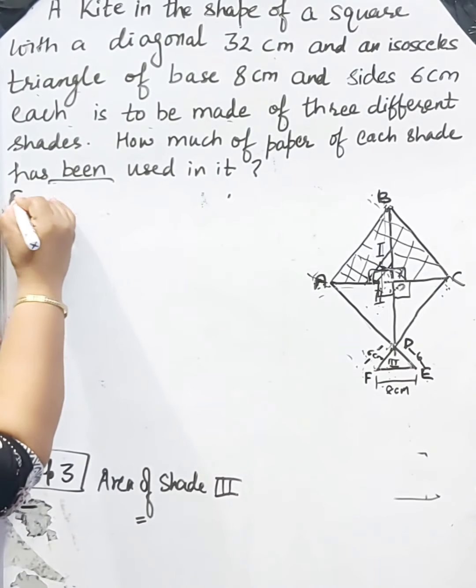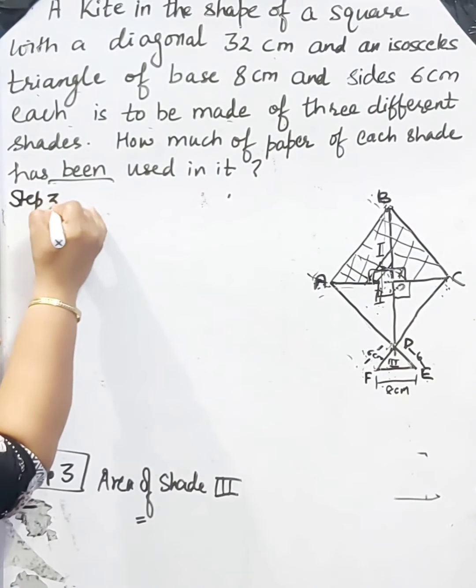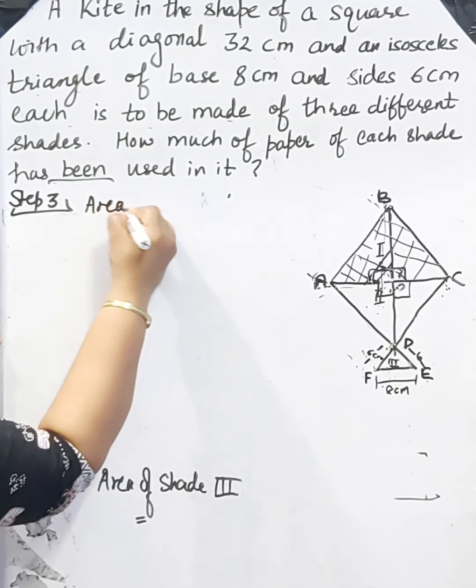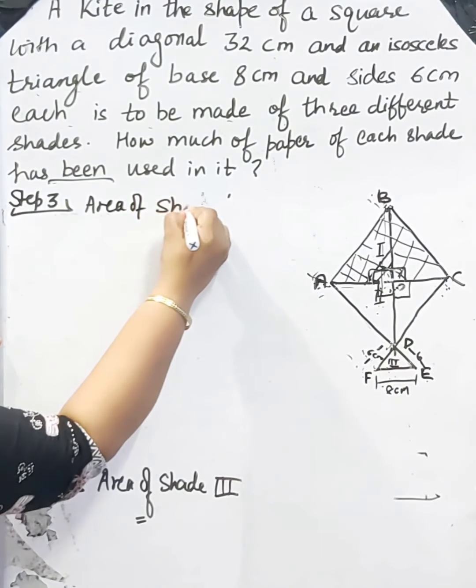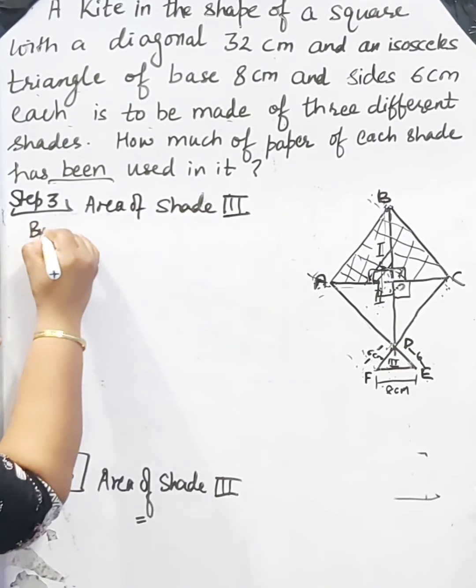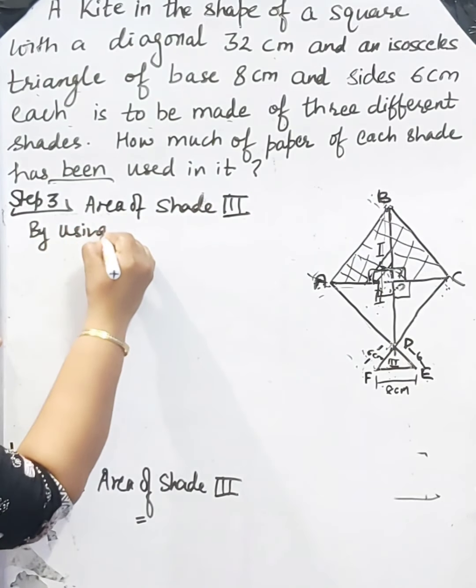In step 3, we have to find the area of this triangle, area of shade 3, by using Heron's formula.